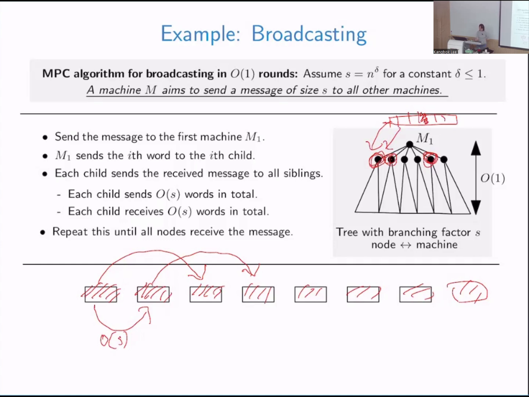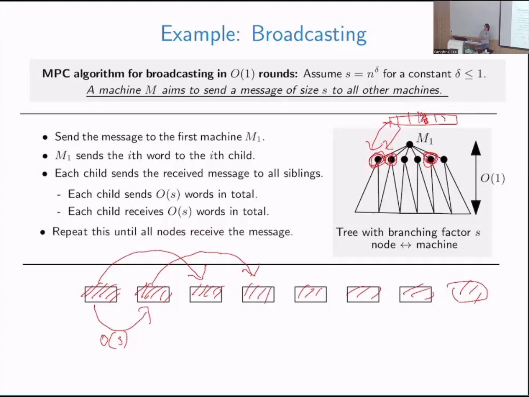Recall that it consists of S words, so the total memory sent by M1 is order of S. So it can be done in a single round. And each child receives just a single word, so it can be done in constant rounds as well.